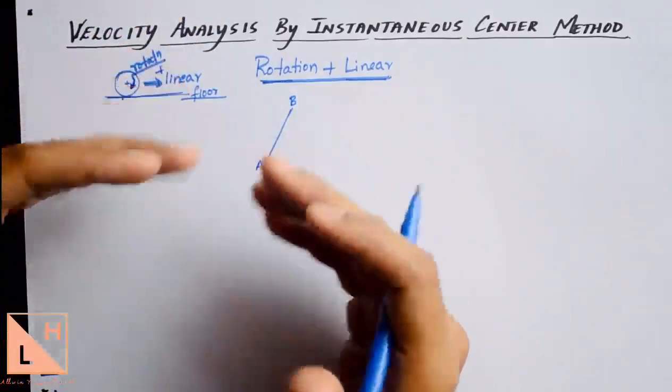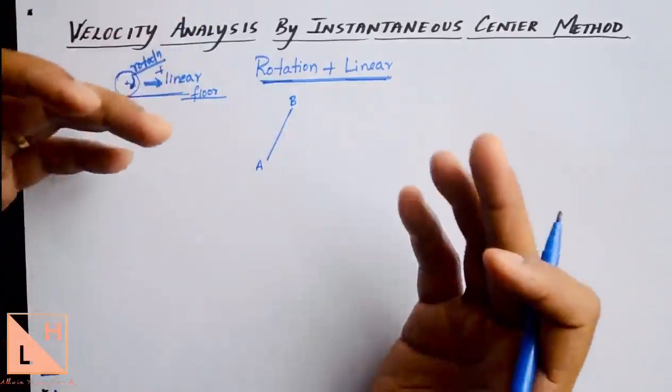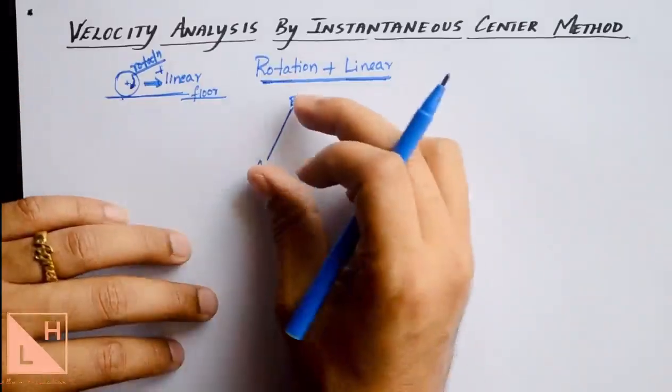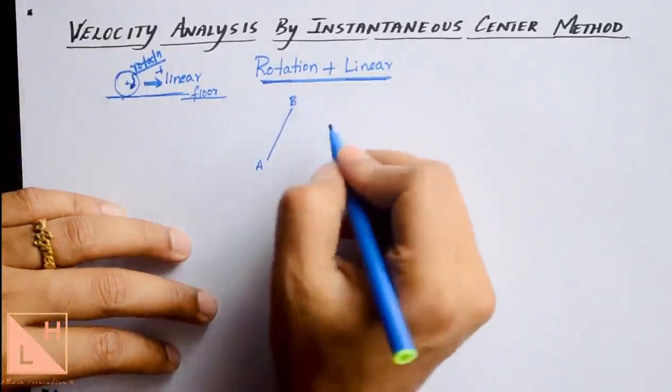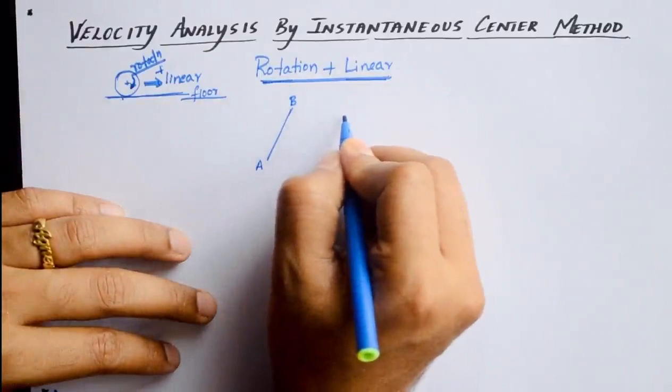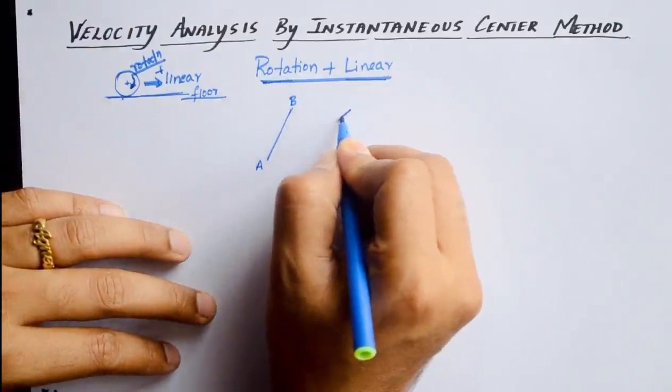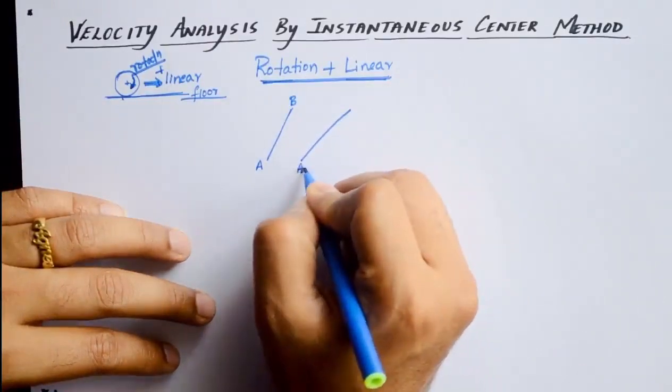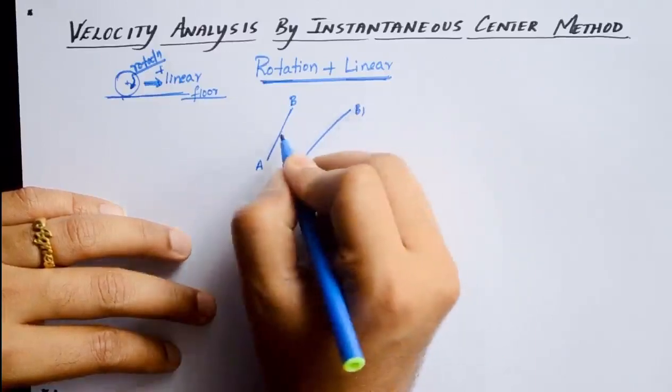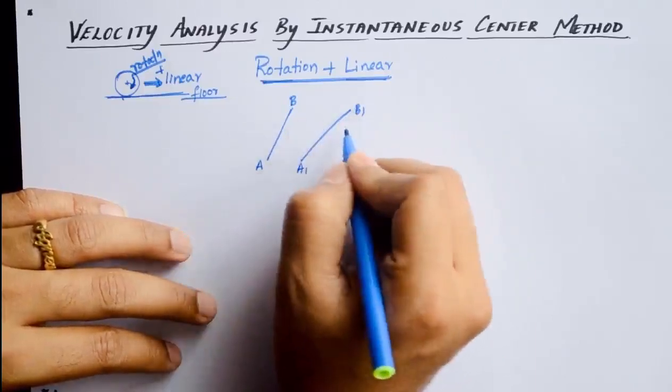This link will move from its initial position to some other position, which I will write as A1, B1. It is the same link which is shifted to another position.